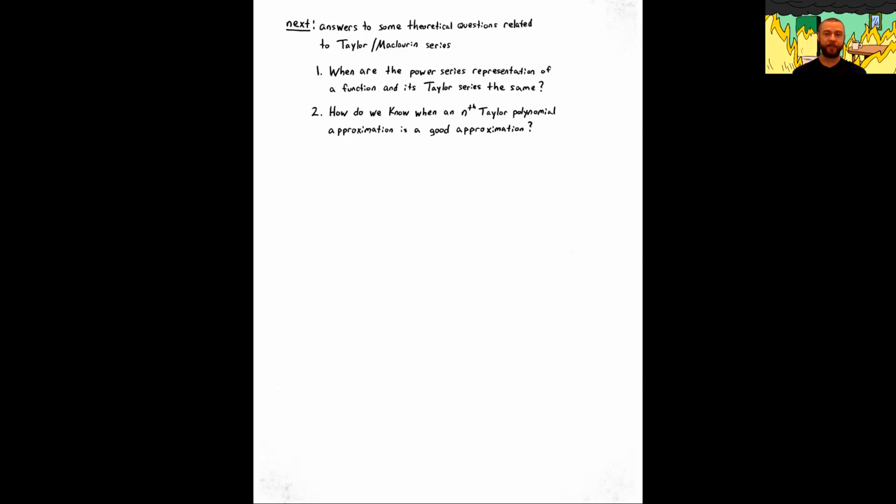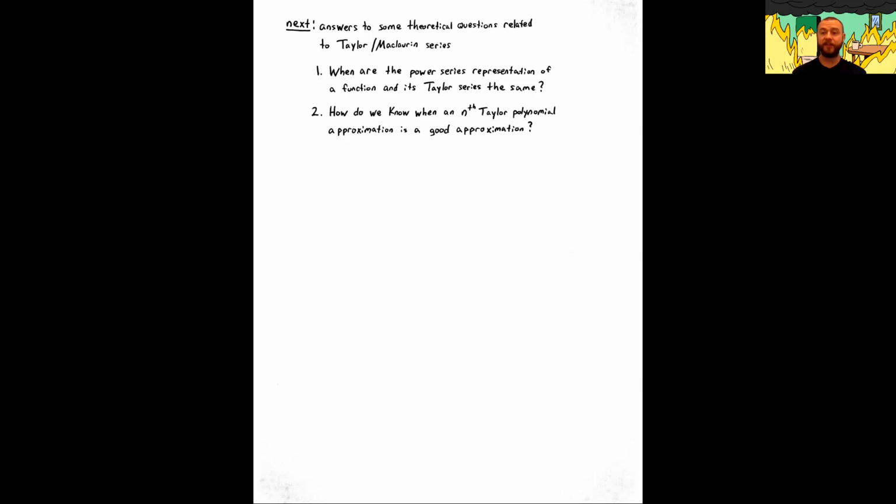A second question comes off what we looked at in example 3. How do we know when an nth Taylor polynomial is a good approximation? Now, we saw in example 3, just by comparing the numerical value from a calculator for sine of 0.2, that we did have a very accurate approximation.